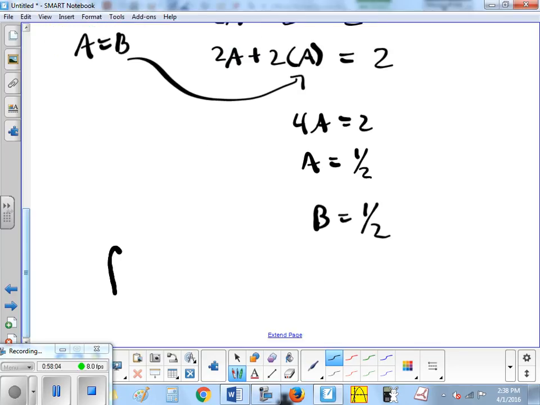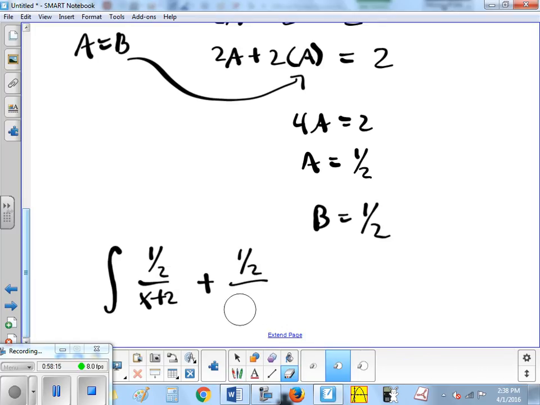Since you were integrating a over x plus 2 plus b over x minus 2, or I meant to say 2 minus x. It was 2 plus x and 2 minus x, right? So I can write the 2 plus x as x plus 2, but I cannot write the 2 minus x as x minus 2, right?